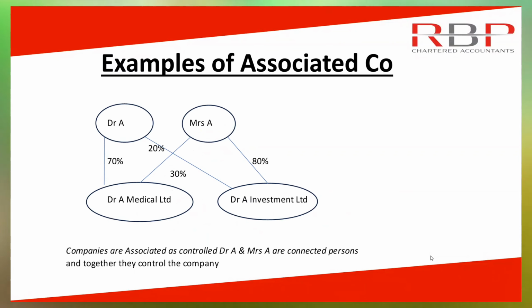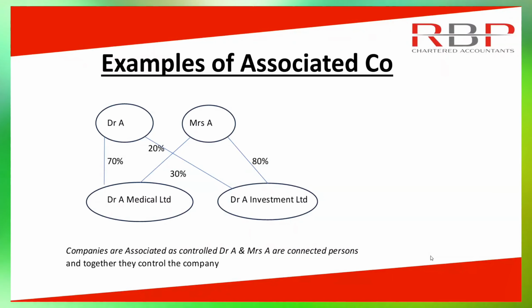You might go, 70% in the trading company, 20% in the investment company, therefore they're not associated. But when you bring in the connected person, i.e. the wife, between both of them they have control over both these companies, so they are connected. So it's not just about you as an individual, it's also about your connected parties as well.